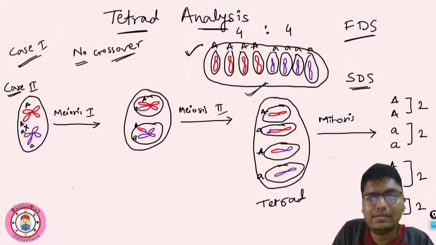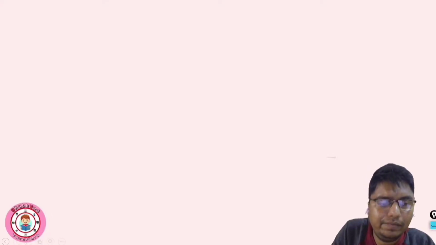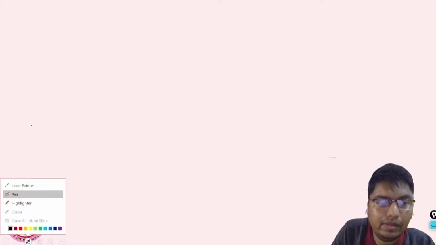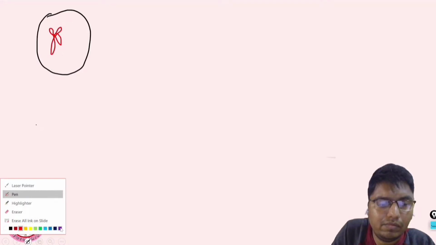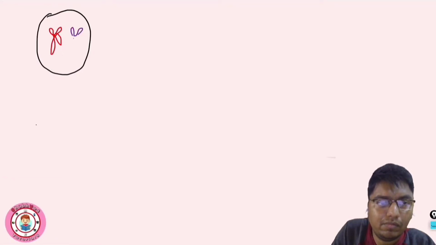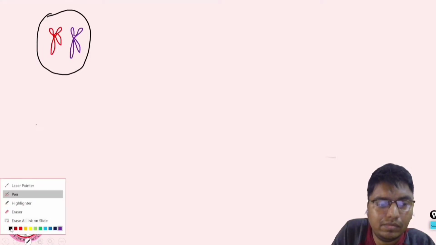In this SDS there is one more type. In this case we saw the cross between these two, so I will compare it here. I will draw it again. This is capital A and this is small a. We know the cross was between these two.